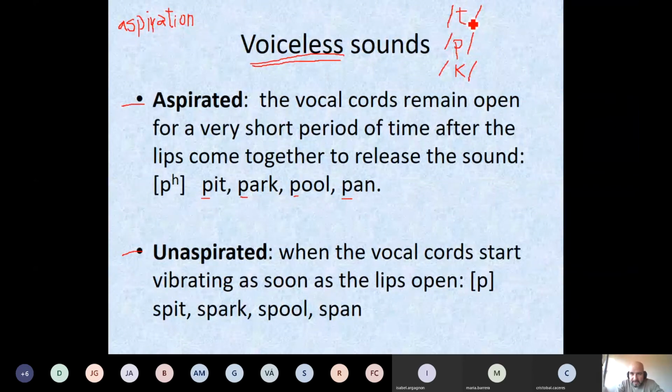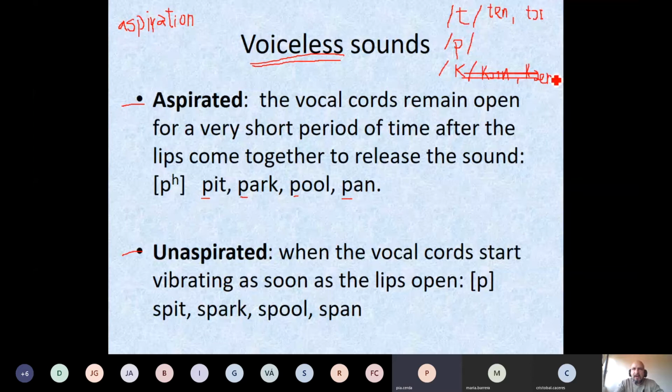For example, let's take the ones on your top right screen. When you say ten, toy, the initial sound is aspirated. When you say coin, or can, the initial sound is also aspirated.